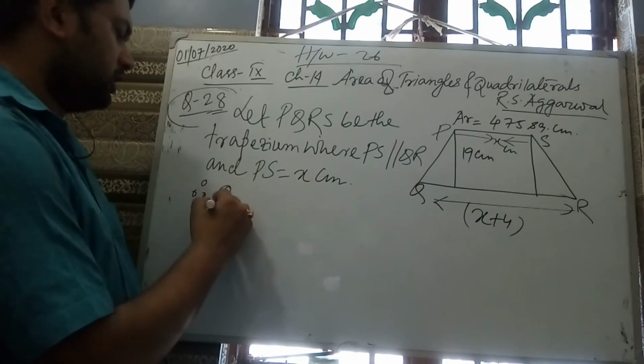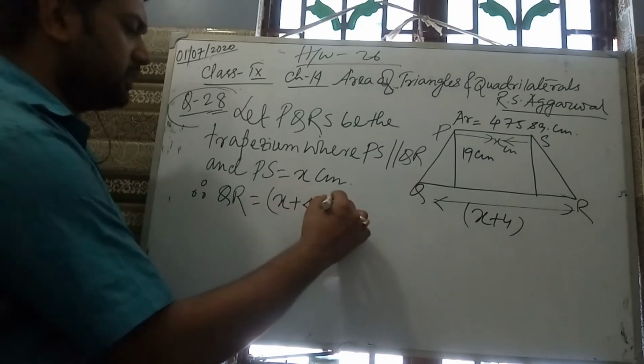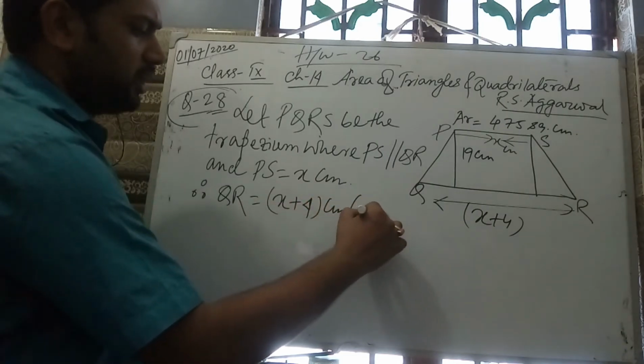Therefore, QR will be x plus 4 centimeter by the given condition.